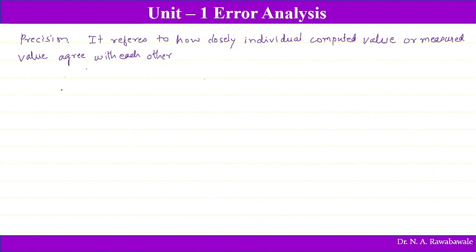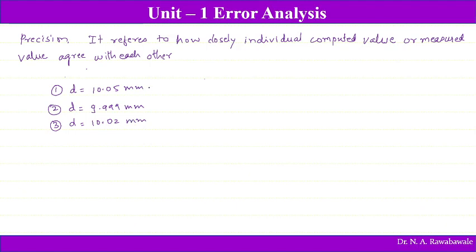Say for example, just now I told you the first measurement for the diameter was D is equal to 10.05, the second measurement was D is equal to 9.999 mm, and the third answer was D is equal to 10.02 mm.